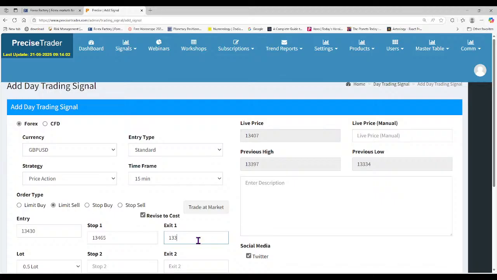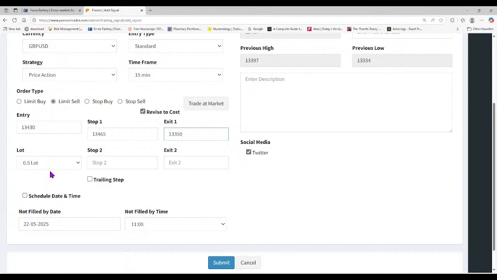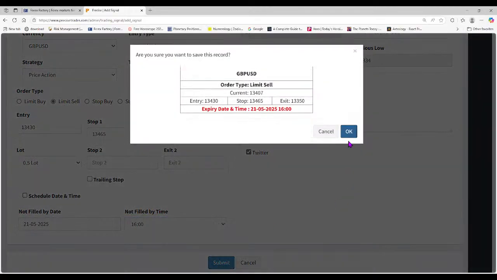So we'll put it at 33.50, and this is a half lot, and the expiry is until the next session.